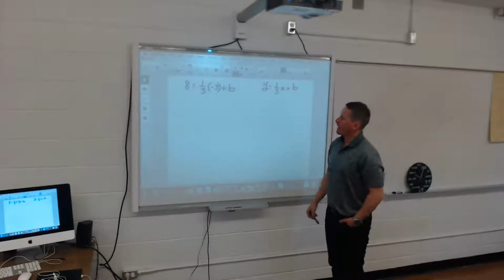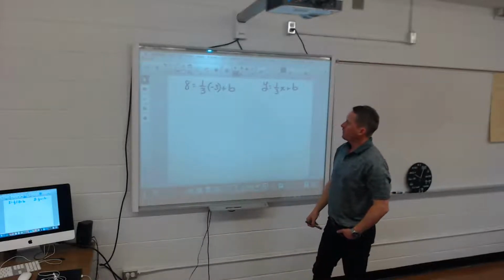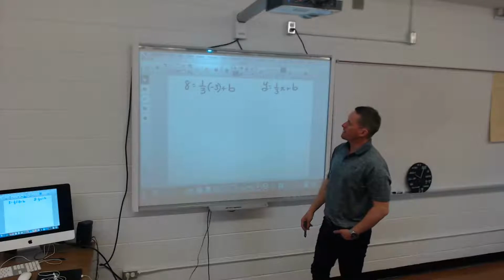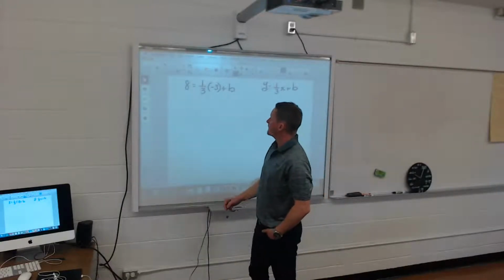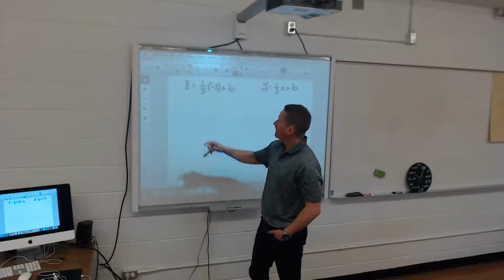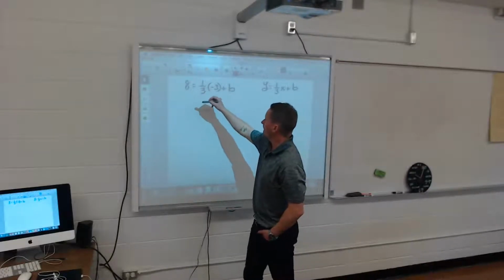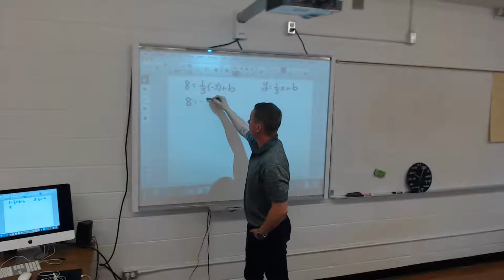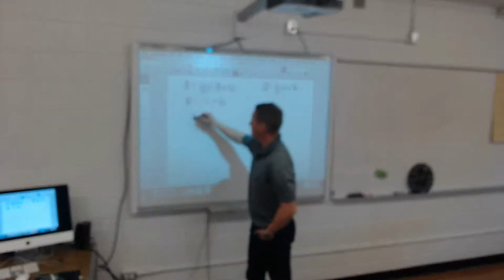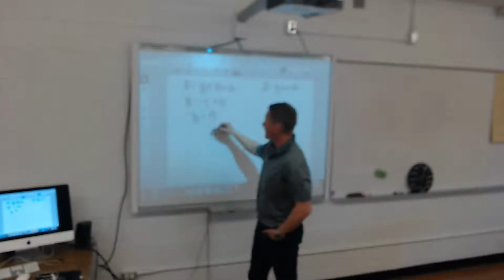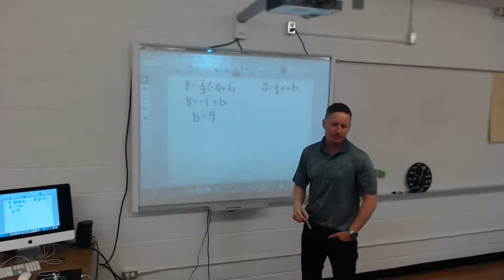So I have 8 equals 1/3 times -3 add b. So I multiply 1/3 and -3. That gives me a -1, add b. And then to get b by itself, I add the 1 to the other side. I get b is equal to 9.